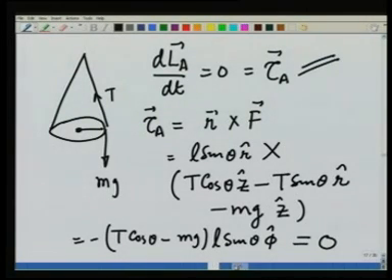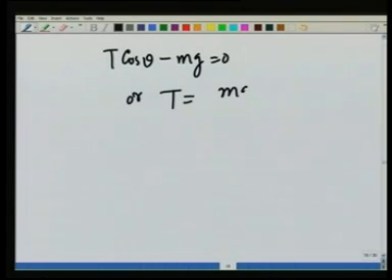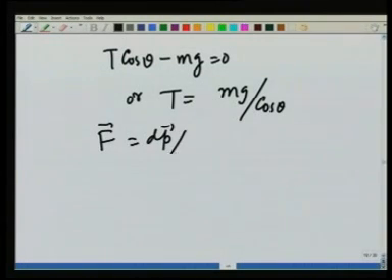This gives me T cosine theta minus mg equal to 0, or T equals mg over cosine theta, which is the same result as I obtained from Newton's second law, direct application, F equals dP/dt.